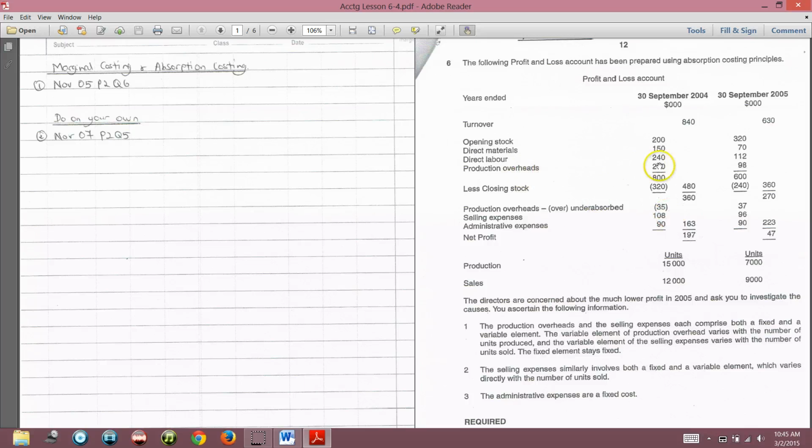This production overhead over here is the production overhead absorbed for this entire year, and this is the adjustment for the production overhead. So this one, minus this one because it's over absorbed, will be equal to the actual production overhead, which is calculated at the end of the year. So now we understand what this is.